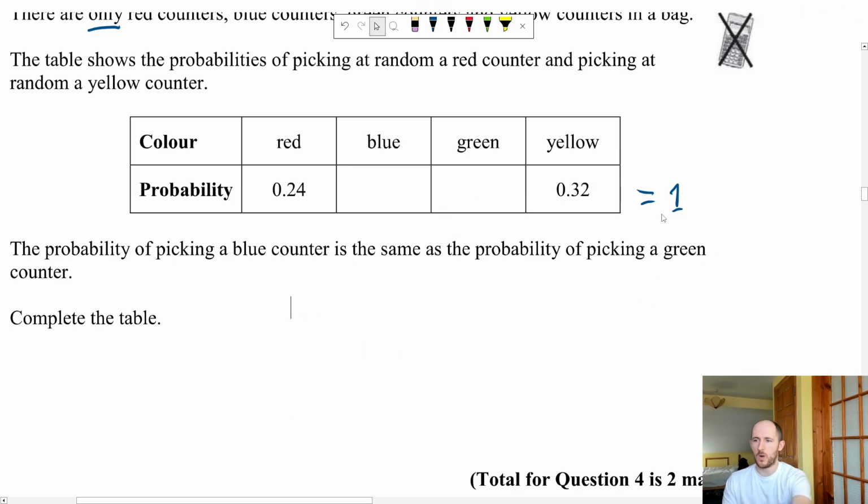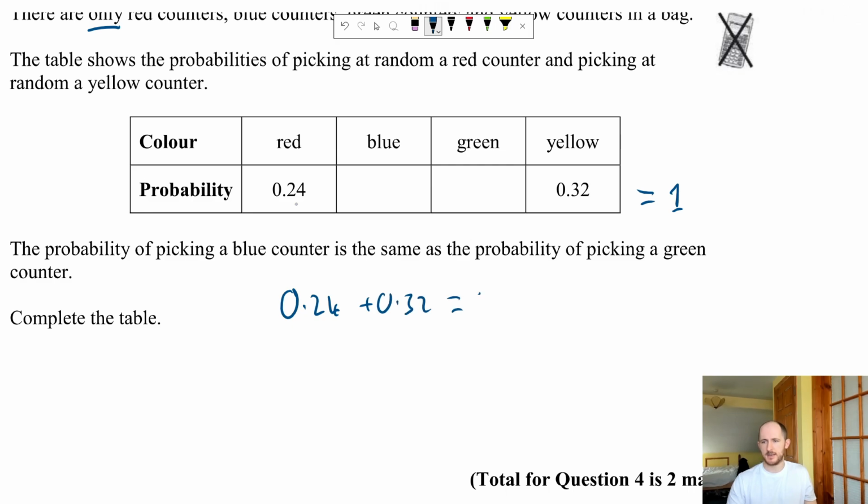In other words, when we work out what's left over, that's what I'm going to do, I'm going to work out how much probability is left over. So 0.24 add 0.32 is 0.56. Then I'm going to do 1 take away 0.56, which is equal to 0.44. That is blue and green added together.